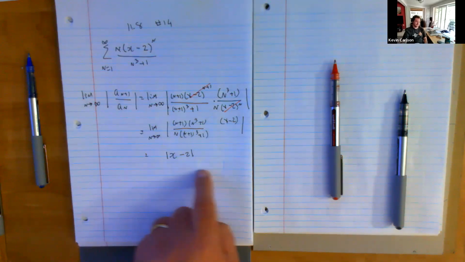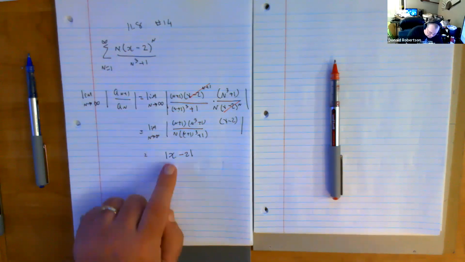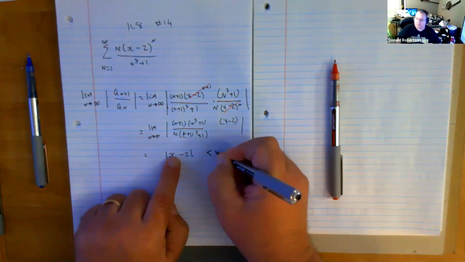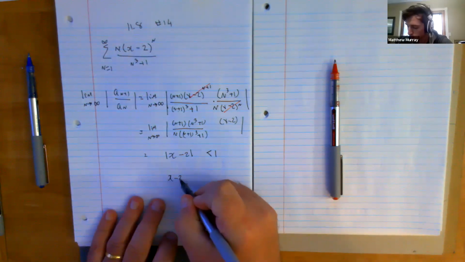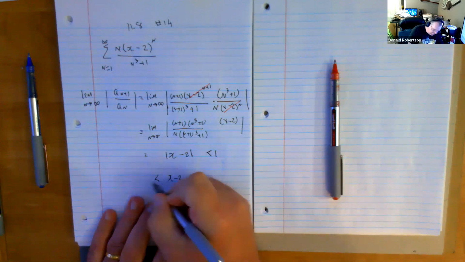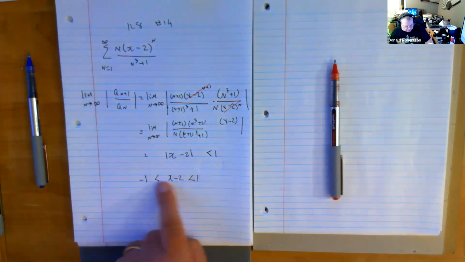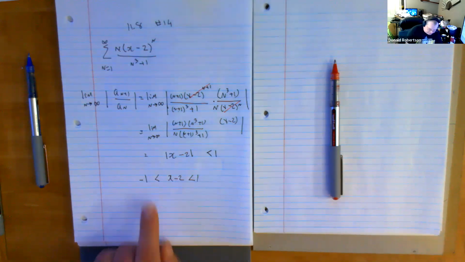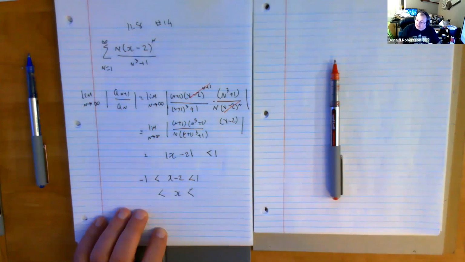Getting to here. Right, now, according to the ratio test, if this is going to converge, doesn't it need to be less than 1? Mm-hmm. This becomes a slightly more awkward inequality than just an absolute value less than 1. It's this guy in the middle is between 1 and -1. What you then have to do is isolate the x so that you can get the interval.